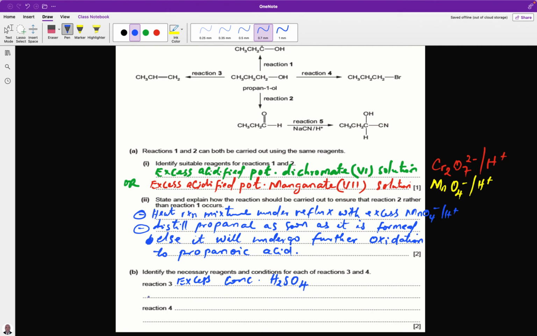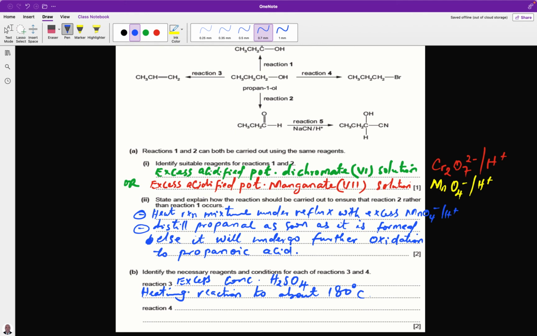The condition is heating the reaction mixture to a temperature of about 180 degrees Celsius.